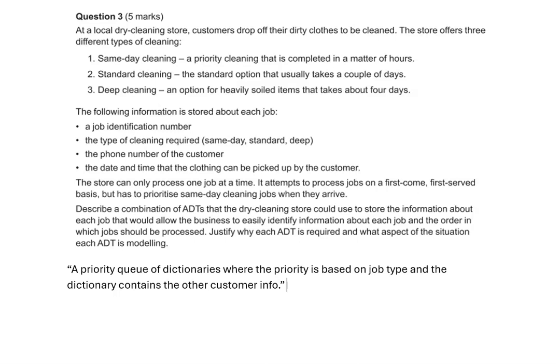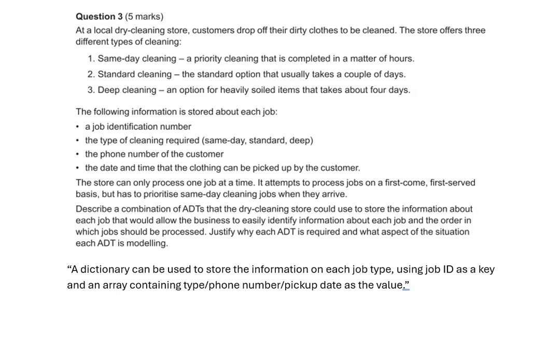You need to be able to look up other things. An obvious case is when the customer walks in and says, "Hey, can you tell me, is my thing ready?" And you need to be able to look it up. So it's not super clear, but if you put yourself in the position of the person doing the job, you realize this isn't going to work. The priority queue is only going to tell you the next job you need to process.